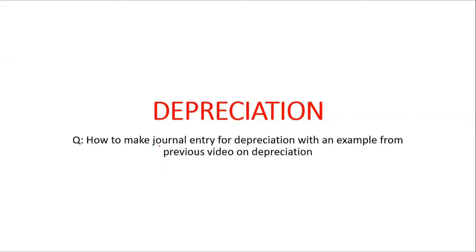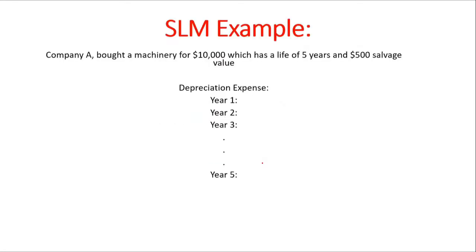In this particular video, we are going to look at how to make journal entries for depreciation expense using an example from my previous video on depreciation. If you remember from the previous video, we had two most common methods for depreciation. One was the straight line method, commonly known as SLM, and another one was the double declining method, commonly known as DDB.